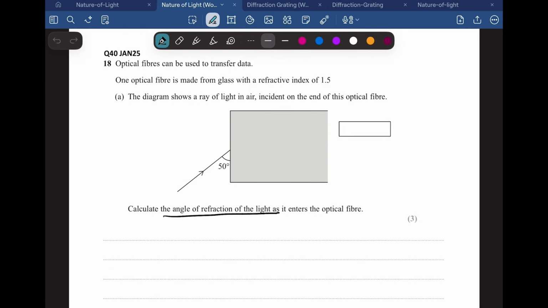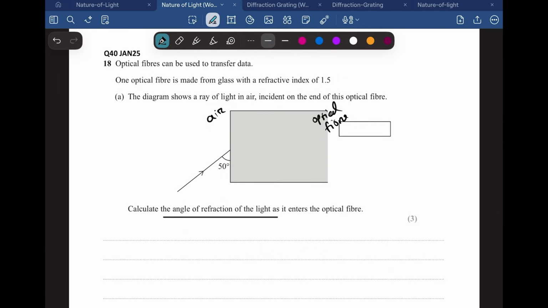So they have basically asked us to figure out the angle of refraction. Now we know the light is traveling from air to the optical fiber, so we can write n1 sine theta 1 equals n2 sine theta 2.